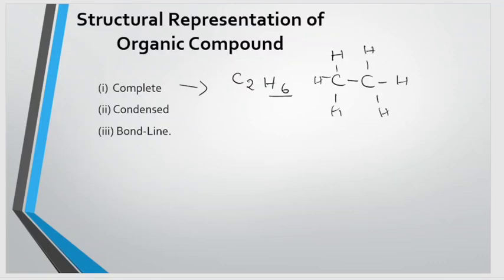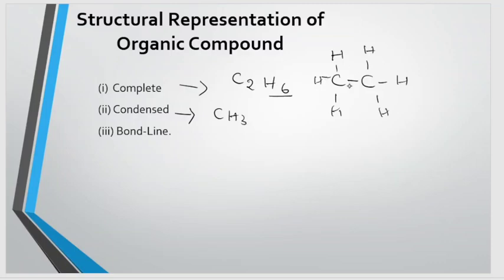What about the condensed form? It's not needed to represent all the bonds that are present in the compound. Let us write the short form of this complete structural formula. If we consider this particular part, this is nothing but CH3. So CH3 we can write.